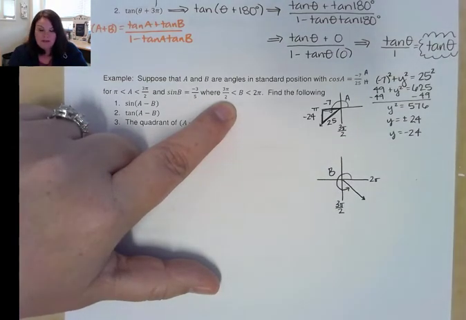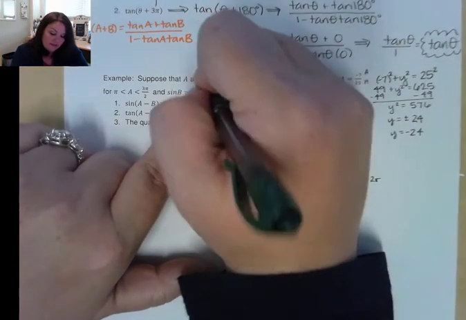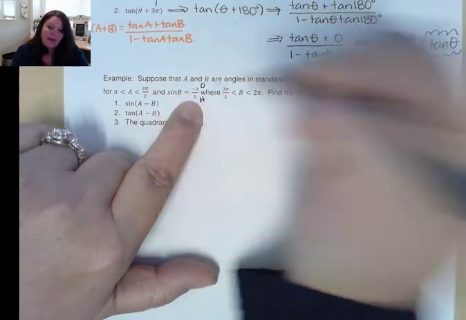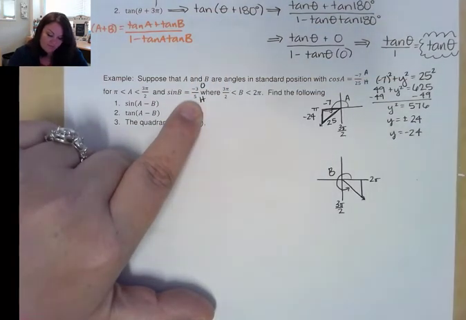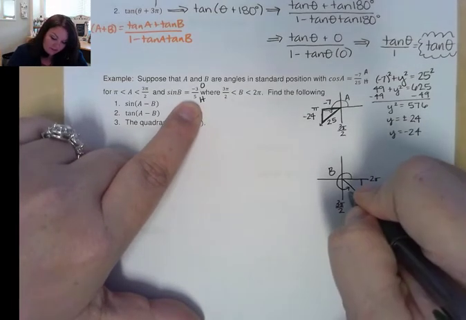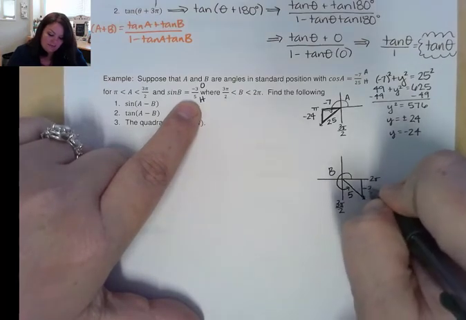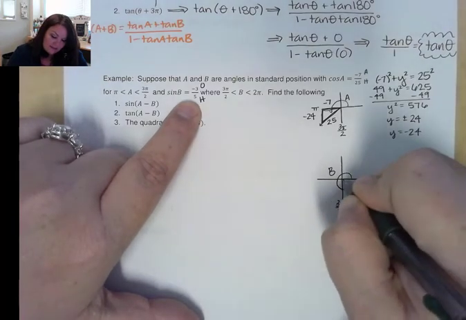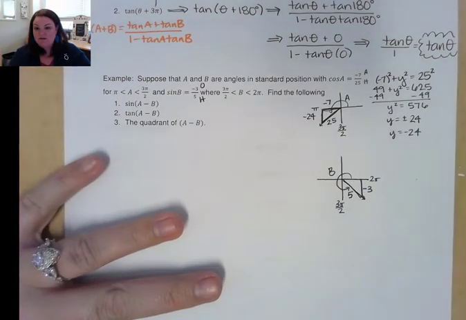Okay, and what they're giving us is the sine value. So the sine value is the opposite over hypotenuse. So I'm going to go ahead and draw my reference triangle. We know the hypotenuse is always positive, so we can go ahead and put a positive 5 there, and my opposite side is negative 3. So the only side that I'm missing is that x value, or that adjacent side, right?